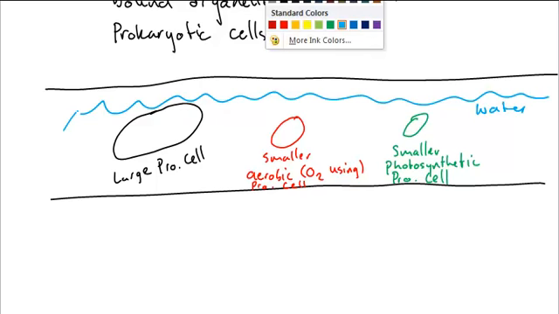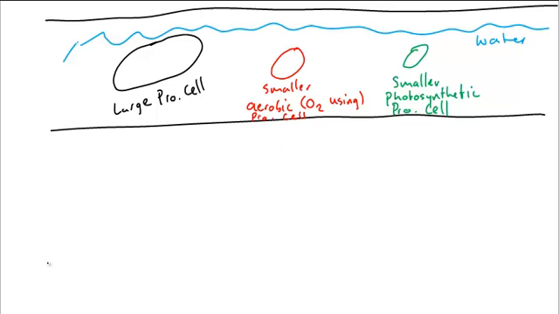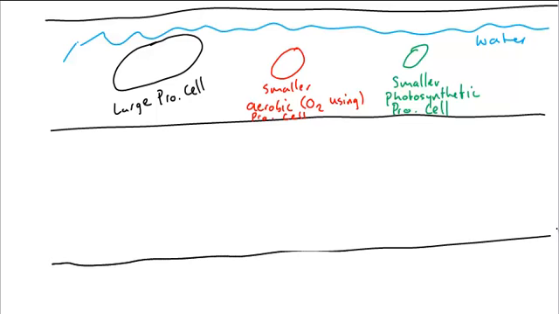And the aerobic cell was functioning using oxygen to do its metabolism with, and the photosynthetic cell was functioning using CO2 and sunlight to do its metabolism with. And what we think happened is that large prokaryotic cell got hungry. So the larger cell engulfs the smaller cells.